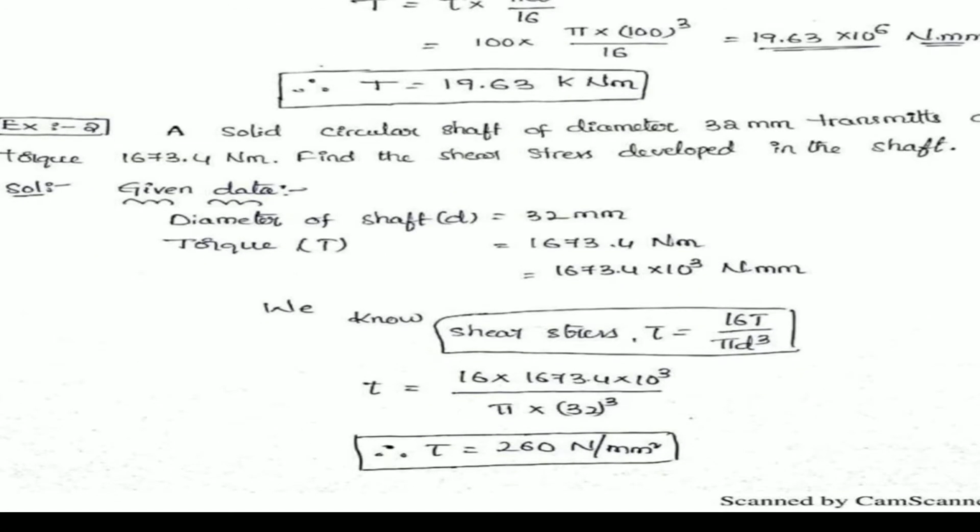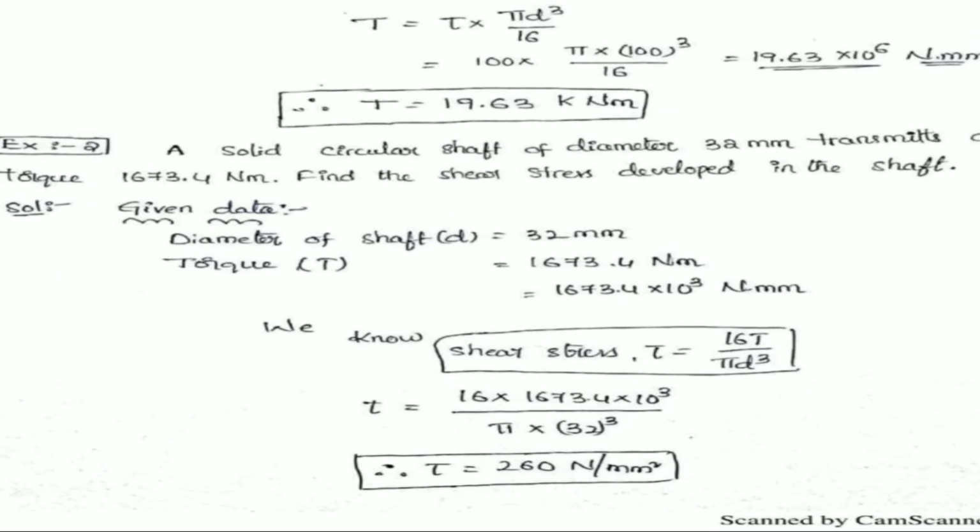We know the shear stress tau is equal to the formula 16T by pi d cube. Finally, tau is equal to 16 into 1673.4 into 10 to the power of 3 by pi into 32 whole cube. Finally, tau is equal to 260 Newton per mm square.